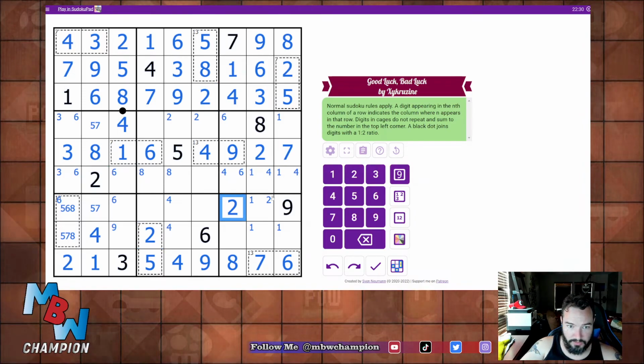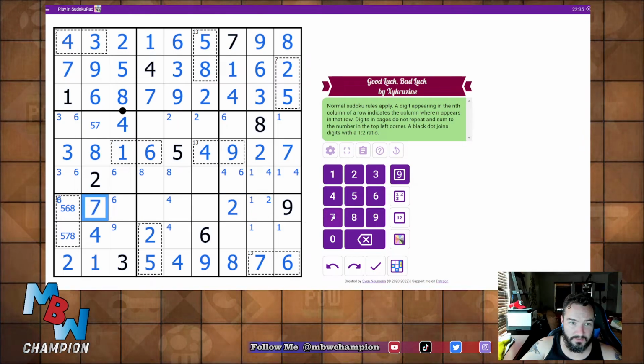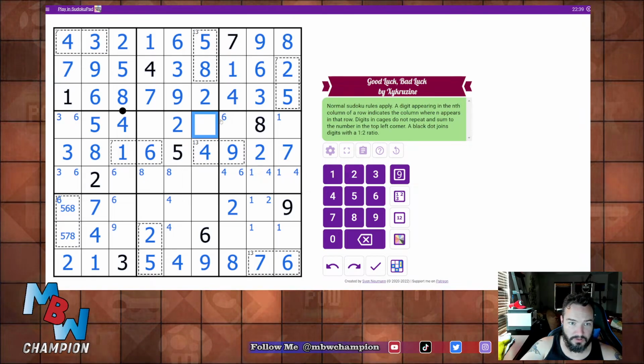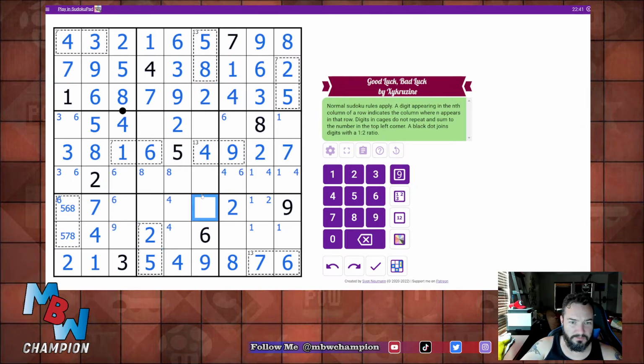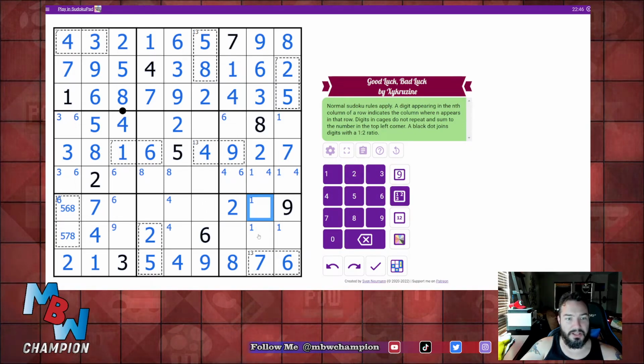This is the 2. Since this is in the 7th column, this is a 7. That's a 5. Makes it a 2. I think, is that all the 2s? Yeah. Get rid of that 2 pencil marking then.